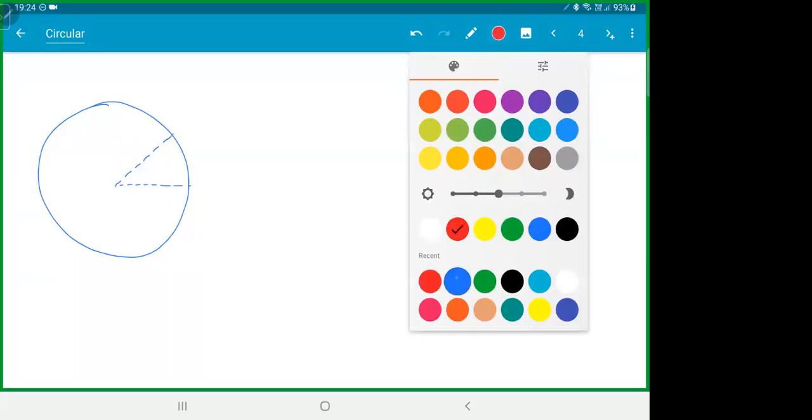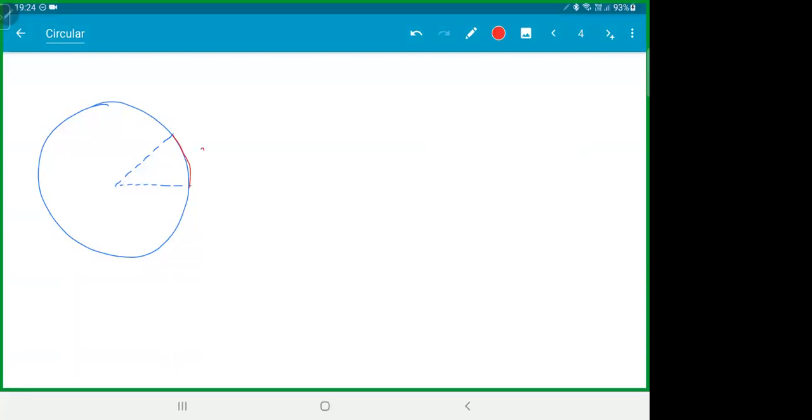Now, here we can actually relate this to the velocity. If you take a circular motion, this would be your S, the arc length. This is theta.